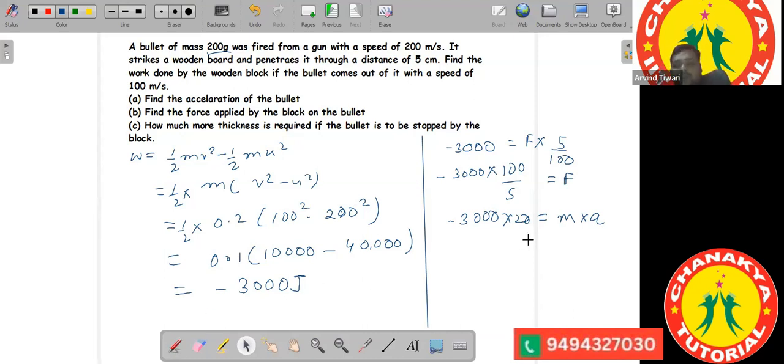So you can compute your acceleration by any of the methods. Either this way or the same question you try by another method, you will be getting the same answer.